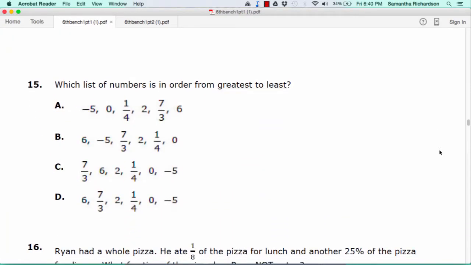Question 15. Which list of numbers is in order from greatest to least? A. -5, 0, 1/4, 2, 7 over 3, 6. B. 6, -5, 7 over 3, 2, 1 over 4, 0.